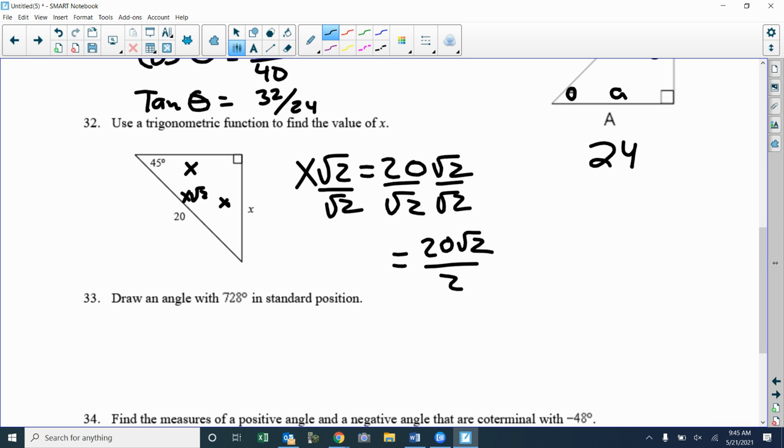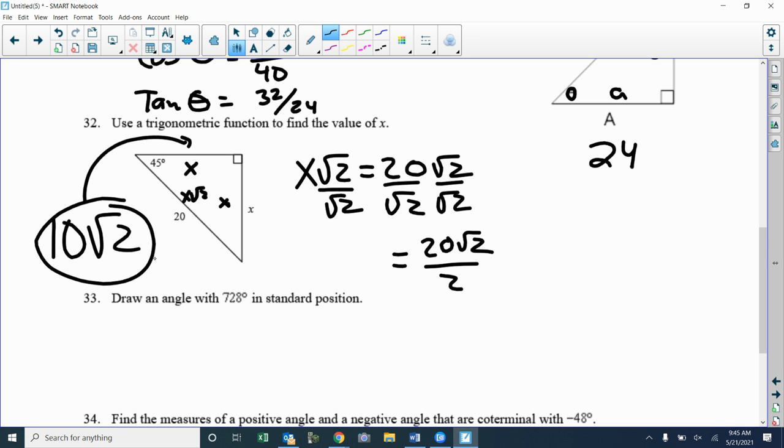And of course that 20 and 2 reduce to 10 square roots of 2, which would be both sides of this 45. Are we okay there?